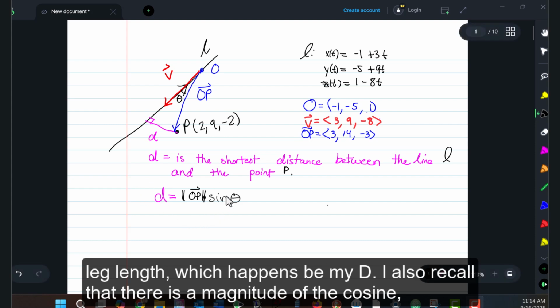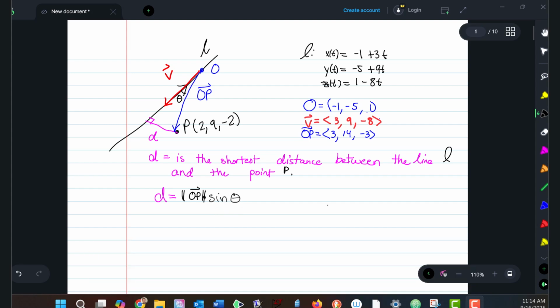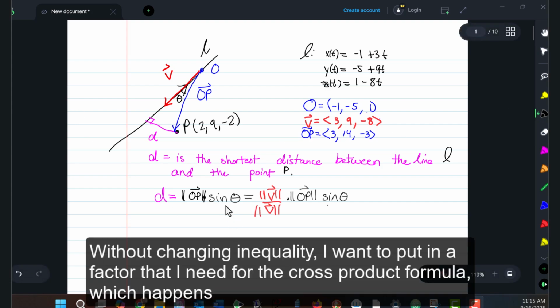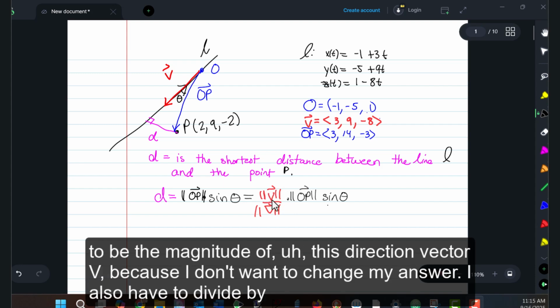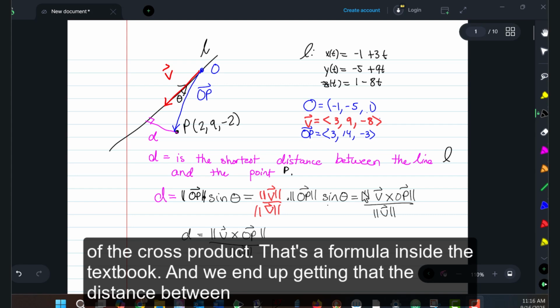I also recall that there is a magnitude of the cross product that has a sine of that angle involved in it. Without changing the equality, I want to put in a factor that I need for the cross product formula, which happens to be the magnitude of this direction vector V. Because I don't want to change my answer, I also have to divide by the magnitude of this direction vector V. So the numerator of this product is the same thing as the magnitude of the cross product.